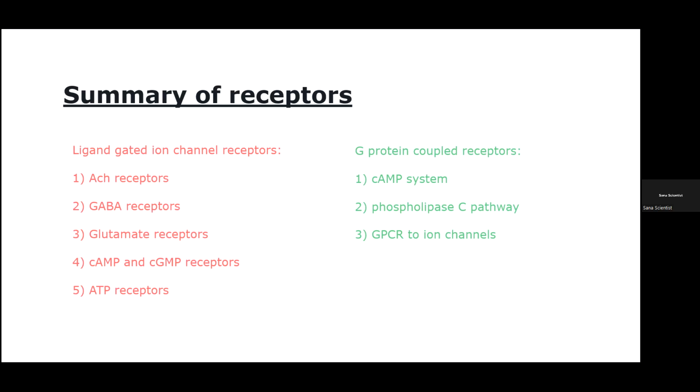If you don't know the cAMP system, or phospholipase C pathway, or the way G protein coupled receptors bind to the ion channels, please go and review these, because I'm not going to mention the details. I assume that you already know, and in future we're going to talk about more advanced terms.